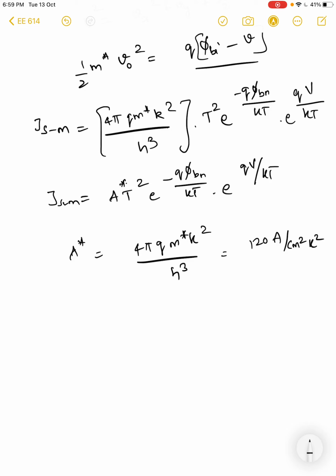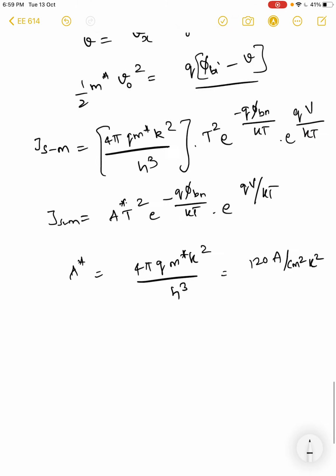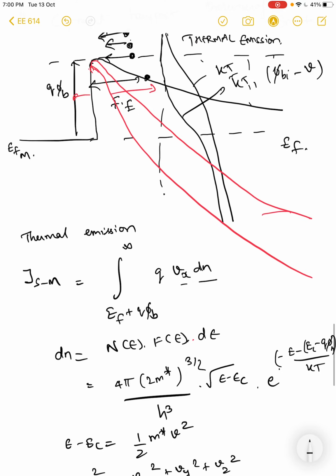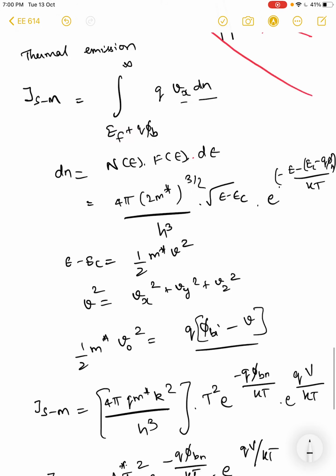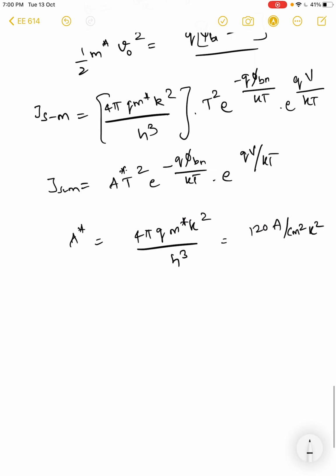We did not derive the entire expression, but you can go into details. It is not very difficult. You can very quickly arrive at this expression for the thermionic emission, and this is typically valid for situations where the barrier height is several times the thermal energy, because we have already assumed the semiconductor to be degenerate. So these are the conditions.